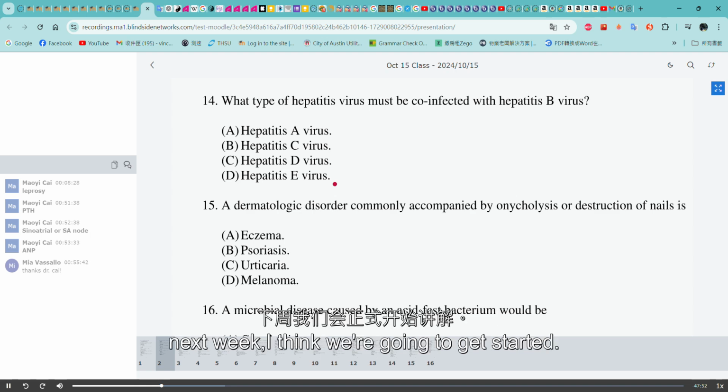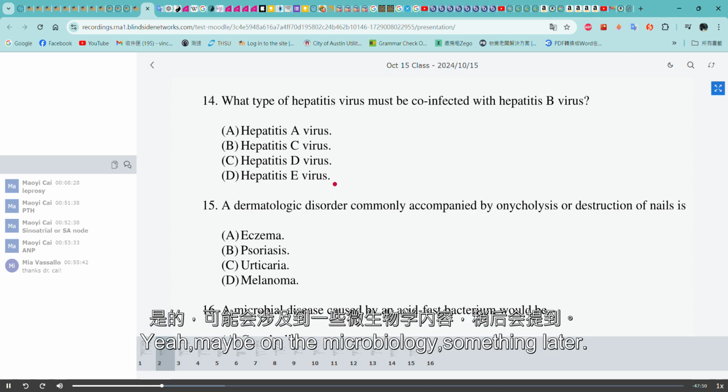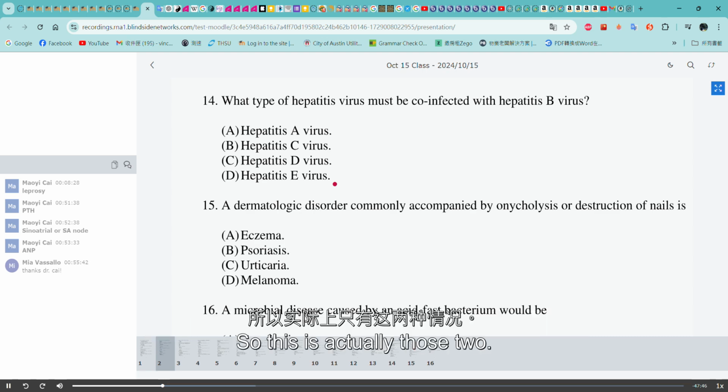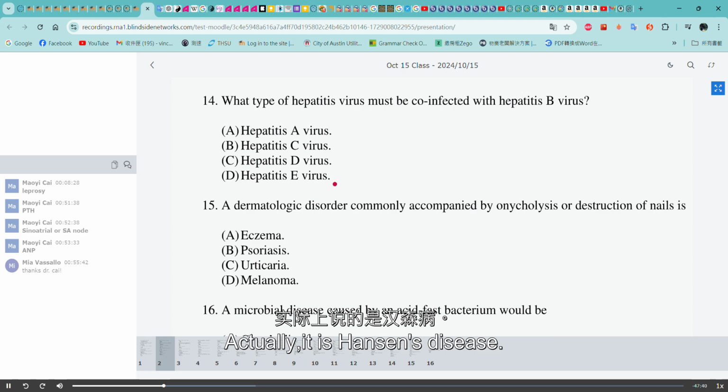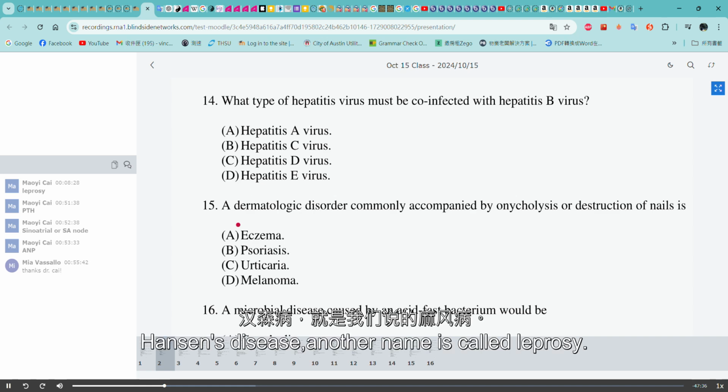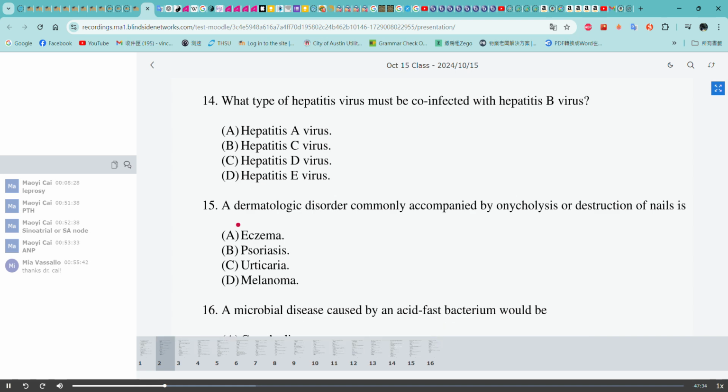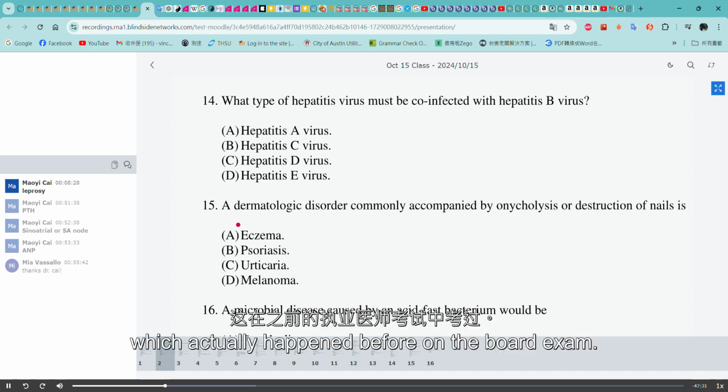Next week, I think we're going to get started, maybe on the microbiology later. So it's actually those two. But if you don't see TB, but those other names, then what would it be? Actually, it is Hansen's disease. Now, what's Hansen's disease? Hansen's disease is another name for leprosy. Leprosy, yeah, which actually happened before on the board exam.